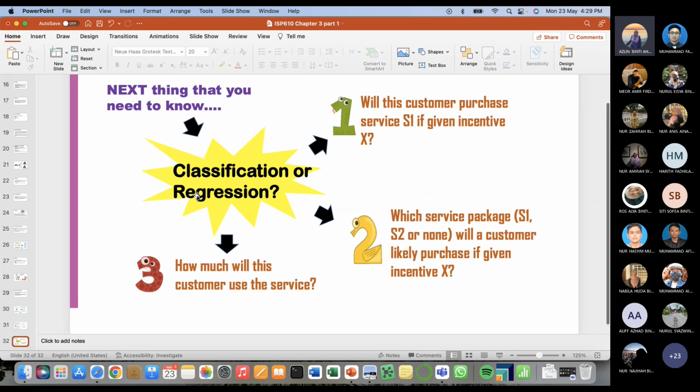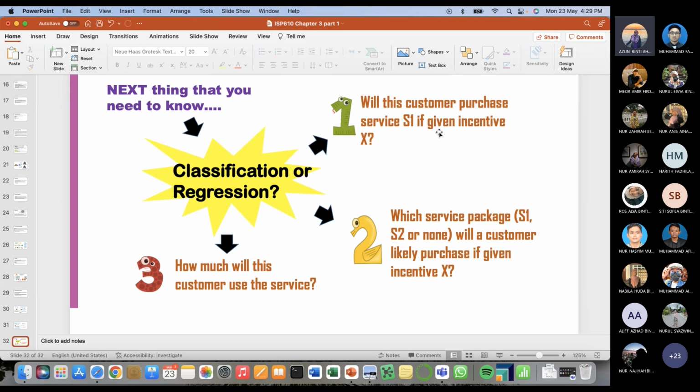And last one of this part 1, okay, you need to know, inilah untuk classification or regression ni, dia ada 3 questions here. So jom kita tengok untuk the first, second and third ni, you nak pakai classification or regression. The first one, will customer purchase service S1 if given incentive X1?